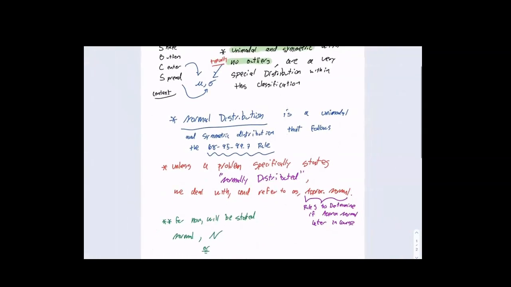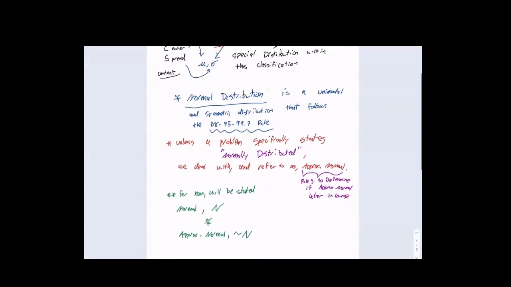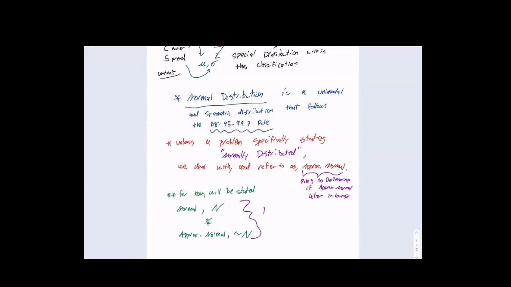So when I say something is normal, I am telling you the distribution is unimodal and symmetric and follows the 68, 95, 99.7 rule. When you state normal or approximately normal, you have described shape.